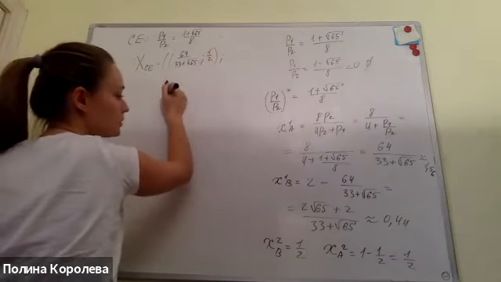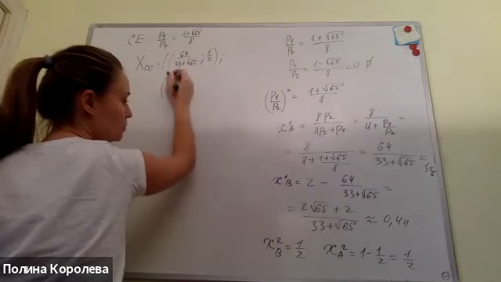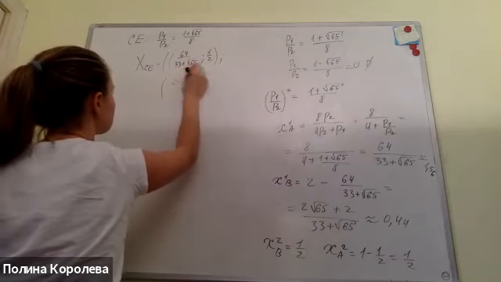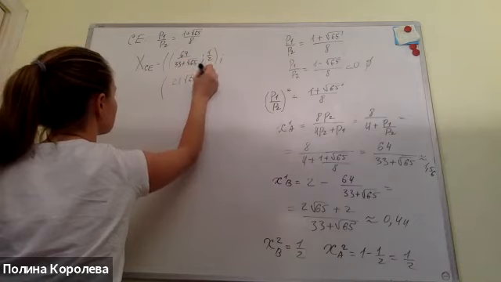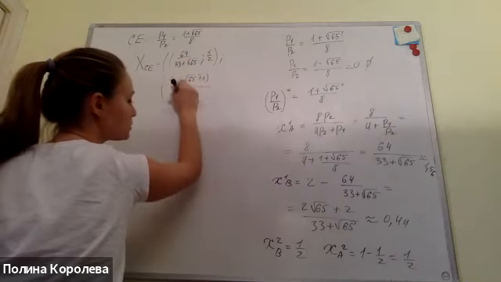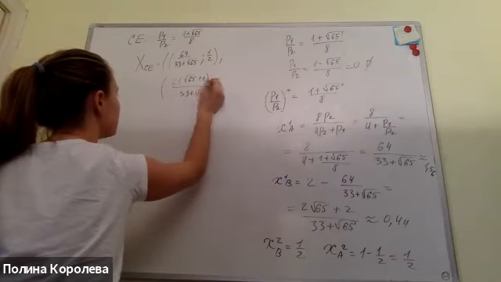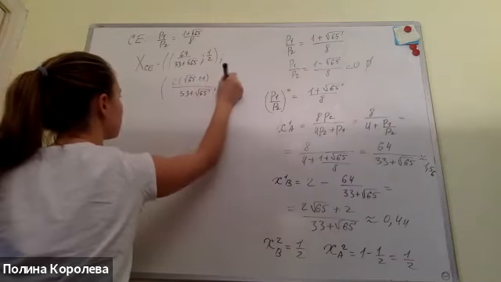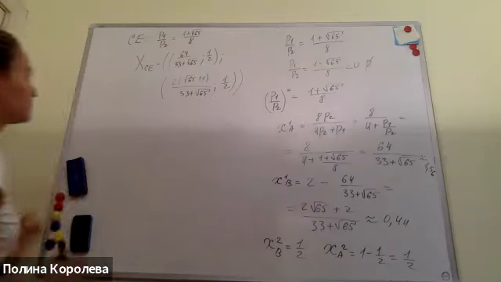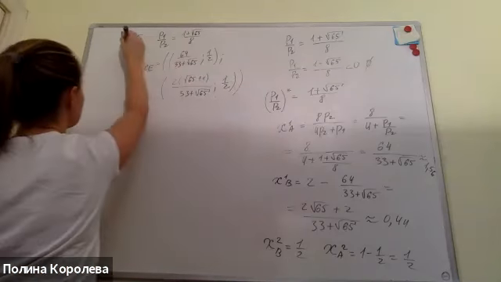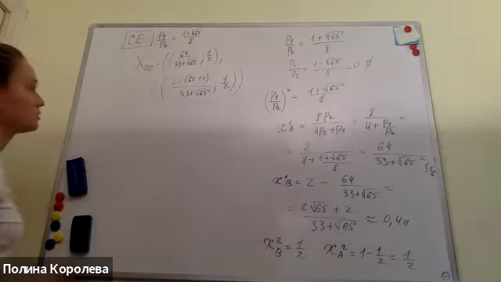Individual B consumes x1B equal to 2 square roots of 65 plus 2 divided by 33 plus the square root of 65, and 1/2 of the second good. So this is the answer for finding the competitive equilibrium.